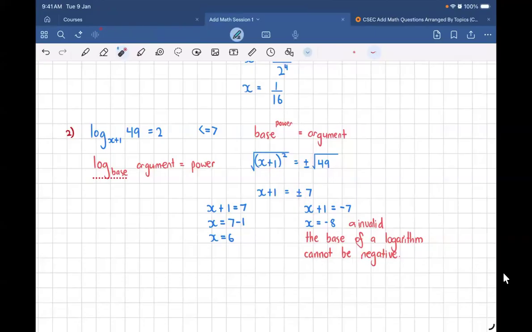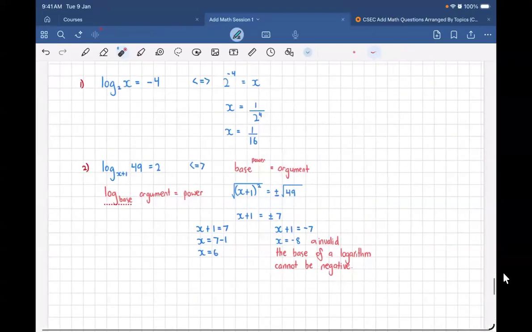Yes, sir. Cool. So again, some questions require you to go from the log form to the index form. Shayna, are you confused by anything that I did? No, sir. Now, Shayna, you left out the plus or minus part.